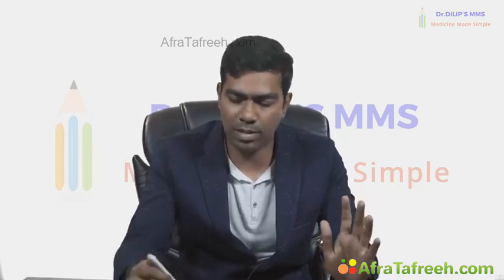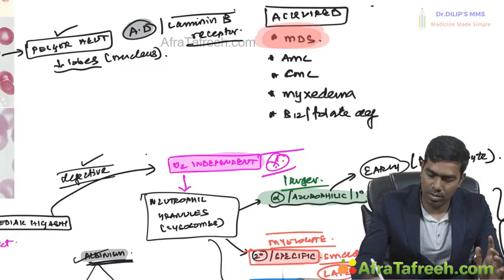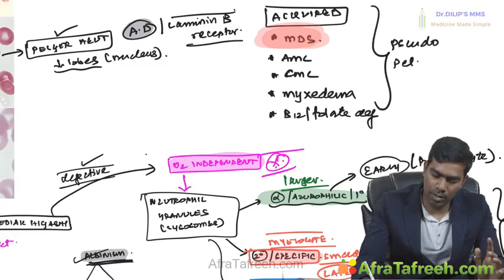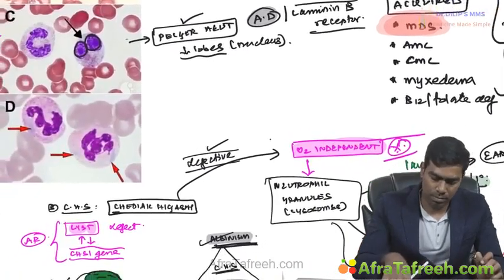One of the important dysplastic neutrophil looks that you get in the peripheral smear in MDS is Pelger-Huet anomaly. In acquired conditions they also refer to it as acquired Pelger-Huet or pseudo Pelger-Huet anomaly.